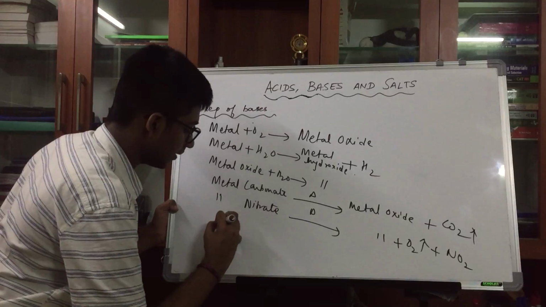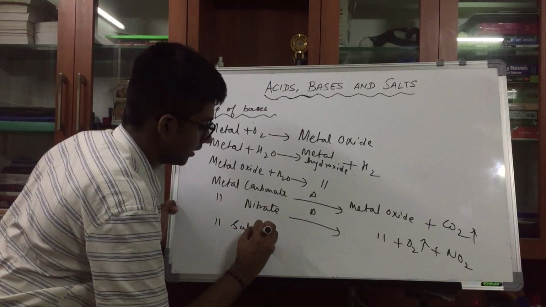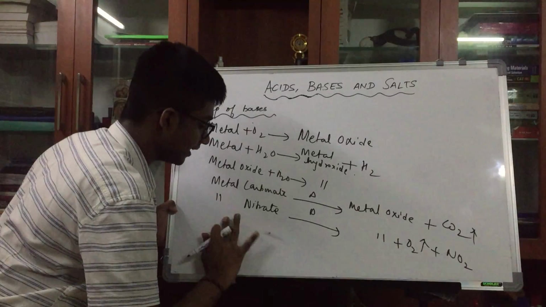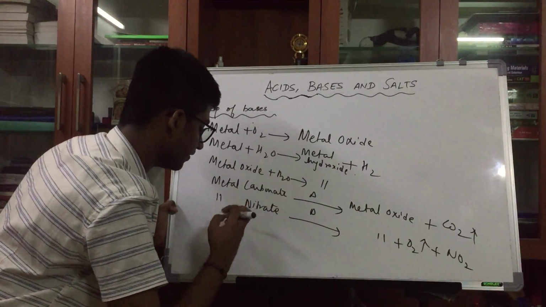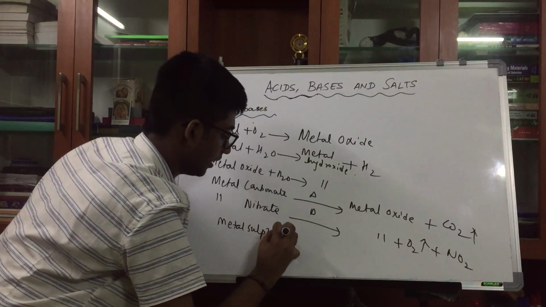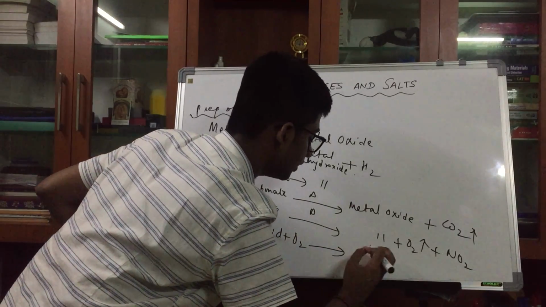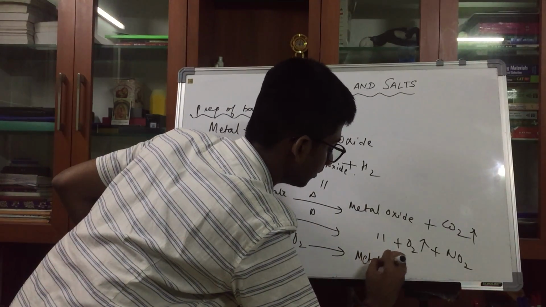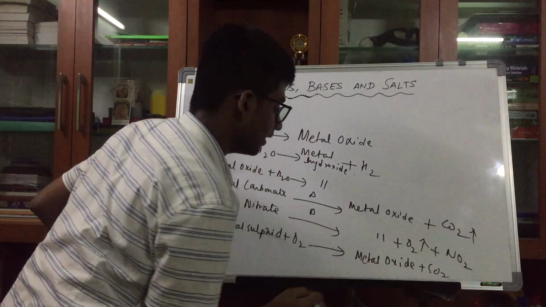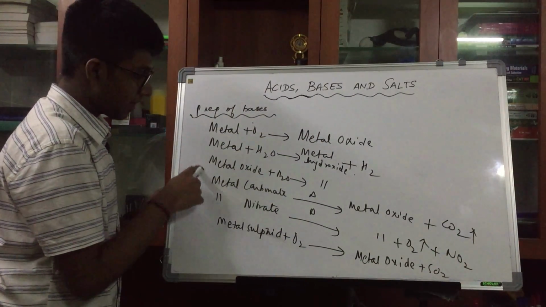And then next is metal sulphide. When you take a metal sulphide and pass oxygen through it, you will be getting metal oxide plus sulfur dioxide. And I hope I have covered all the ways.